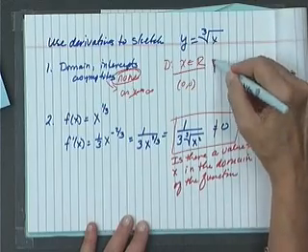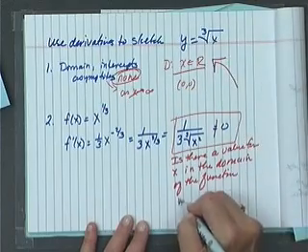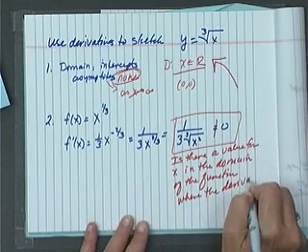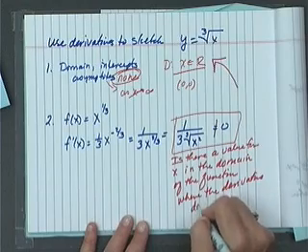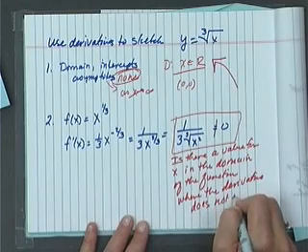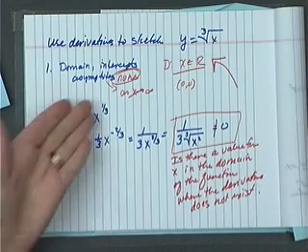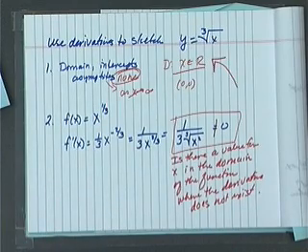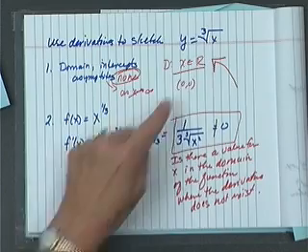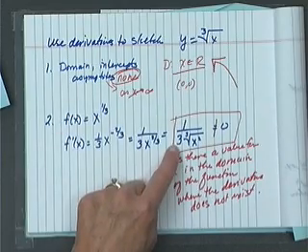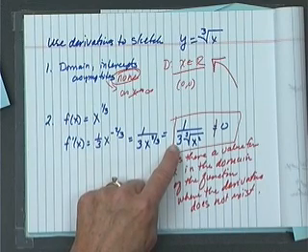The domain of our function where the derivative does not exist. We looked right away: the function was defined for all values of x. I take the derivative and set it equal to 0, and there's no way my derivative can be equal to 0.